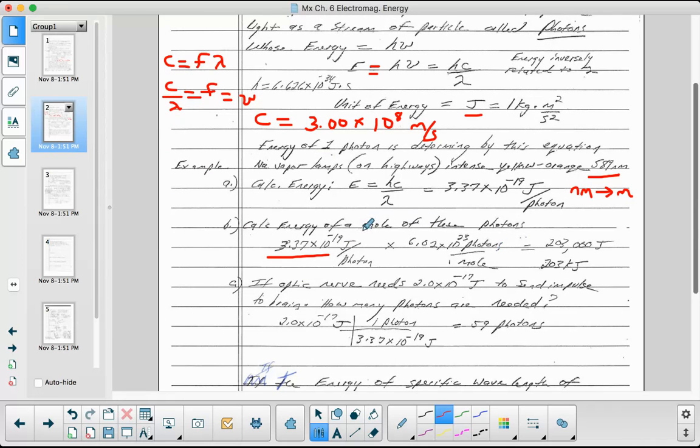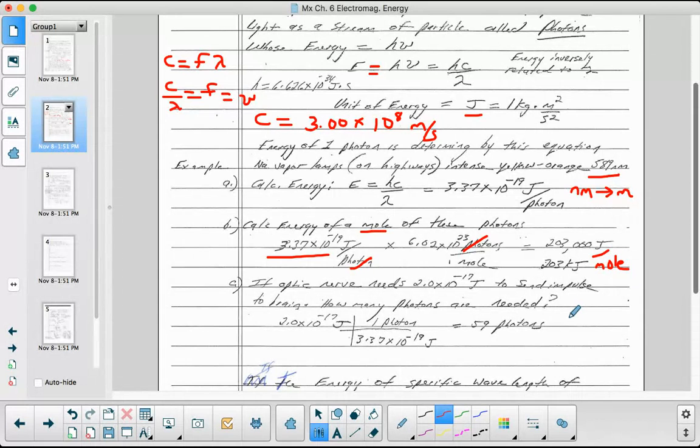And if we're asking for the quantity of a mole, we would just say that number of photons per mole. And then you multiply it out and you see that photon cancels with photon, and you end up with the joule per mole. That's the quantity that I'm trying to calculate.